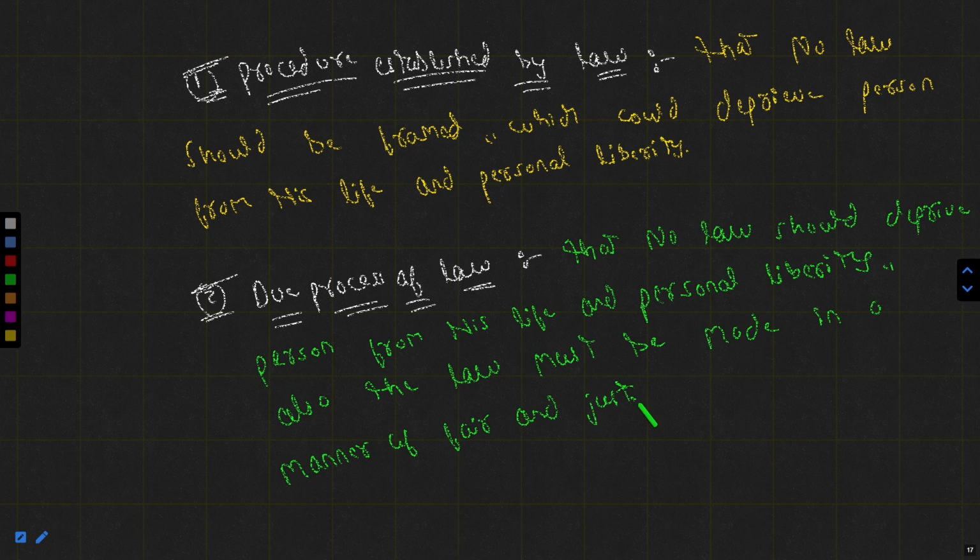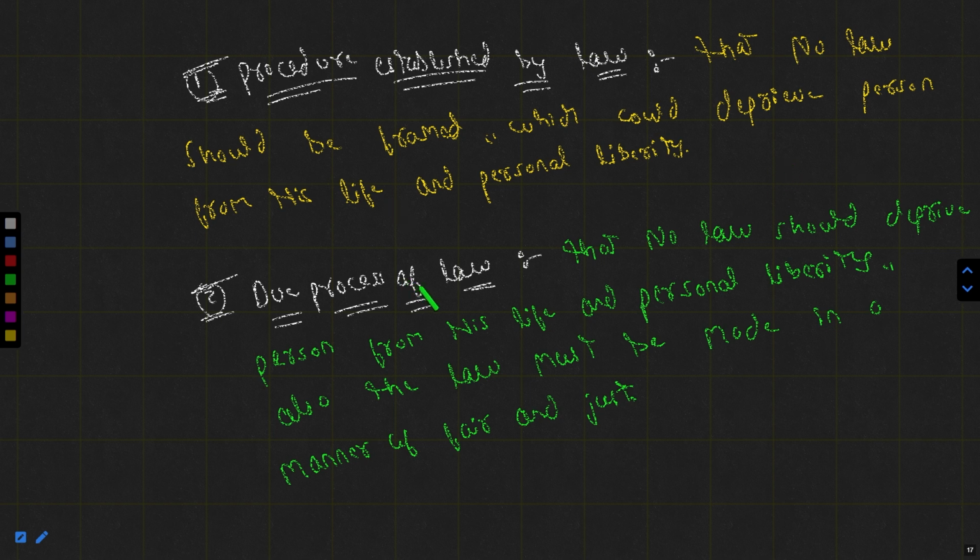First is the procedure established by law, which we practice in India. It means that judicial review could be exercised on the matter that no law should be framed in India which could deprive any person of his life and personal liberty. It means the law must be made in accordance with the protection of the life and personal liberty of the people.